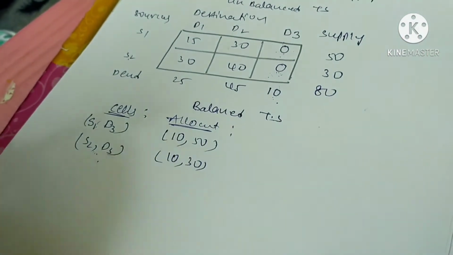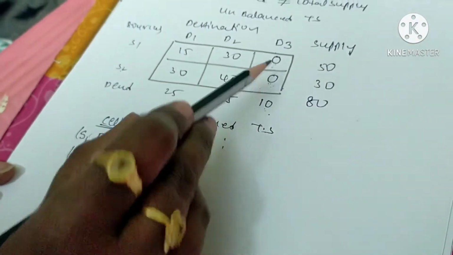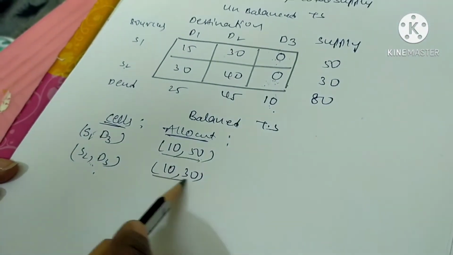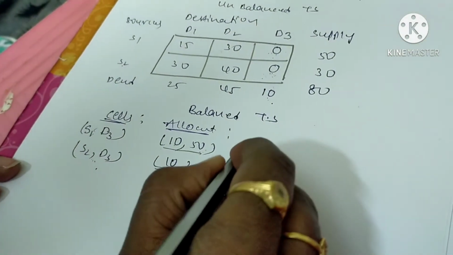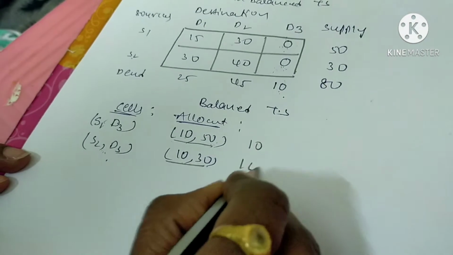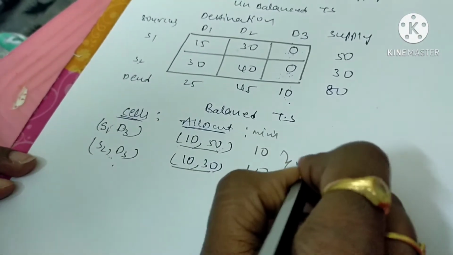What is the procedure if the least number occurs two times? From the allocations, from the demand and supply, select the minimum number. What is the minimum number here? 10. After selecting the minimum number from both sides, select the maximum number.